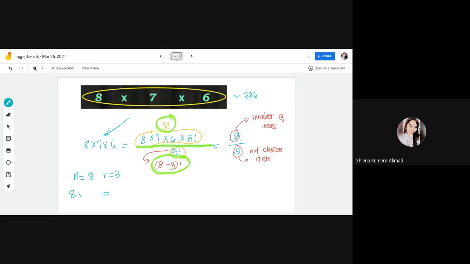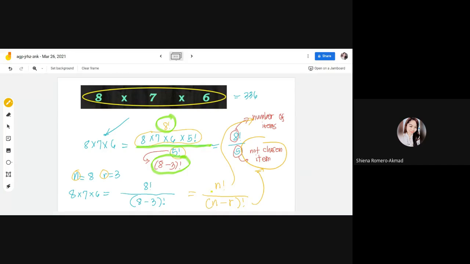Si 8 times 7 times 6 ay equal to 8 factorial divided by 8 minus 3 factorial. If we use these letters as our representation, pwede nating sabihin that this is n factorial divided by n minus r factorial. So, itong nasa baba, ito yung not chosen. At itong nasa taas ay yung number of items.